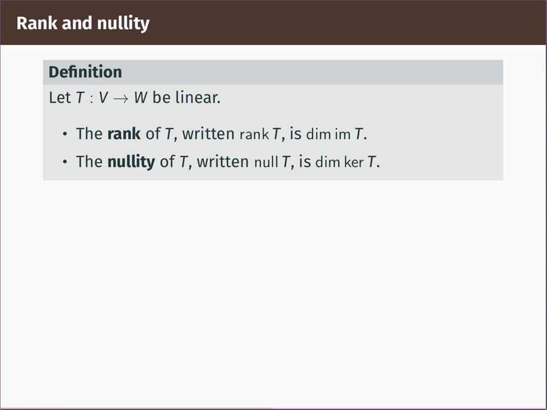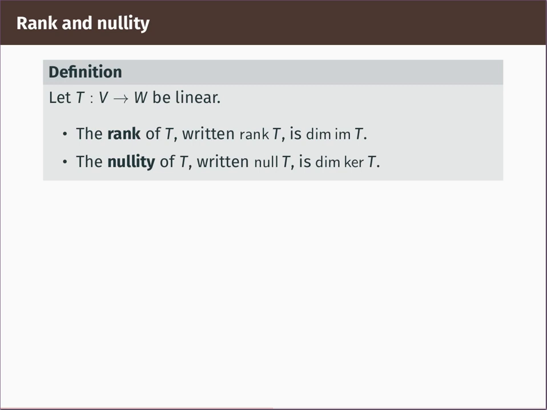So here's the definitions. The rank of a linear map is the dimension of its image, and the nullity of a linear map is equal to the dimension of its kernel. Let's recall some examples of kernels and images we did in the last video.